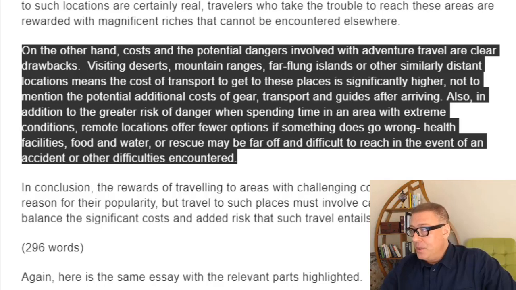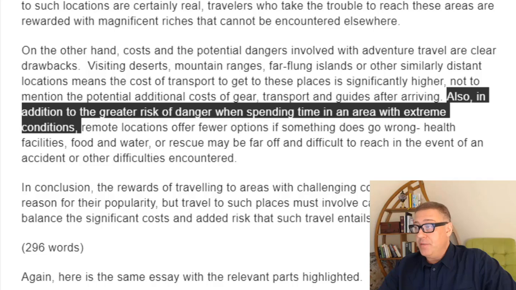And if you look at the first part of the sentence, also, in addition to the greater risk of danger when spending time in an area with extreme conditions. So I haven't said, these are places that are dangerous. Essentially you've got 40 minutes, so you don't want to include any information that's really obvious.